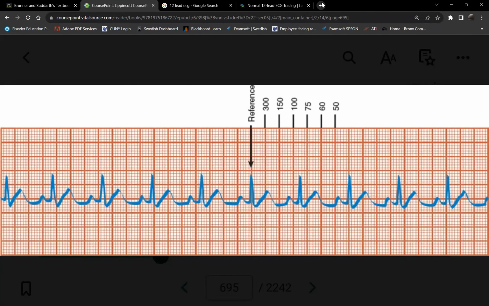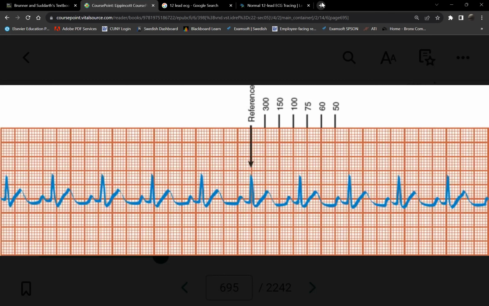So how many small boxes between these 2? 5, 10, 15, 16, 17. It's not really 17 because it's somewhere in the middle. It's more like 17 and a half, correct? Okay, so 17 and a half small boxes. How many small boxes in 1 minute? We just did it earlier. 1,500.